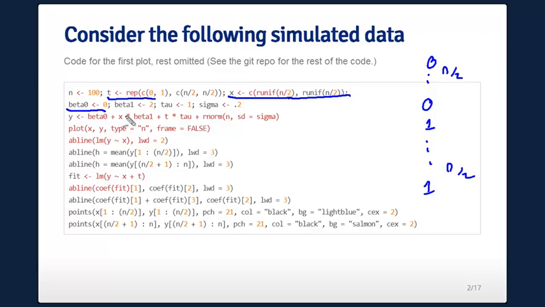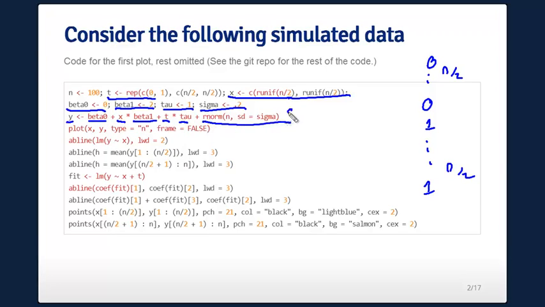Here's my intercept, my slope, which I set to be 2, my tau, which is going to be my treatment effect, and then my variance. So I simulate my outcome. It's my intercept plus my regressor times my slope coefficient plus my treatment effect times the treatment effect parameter plus the epsilon.